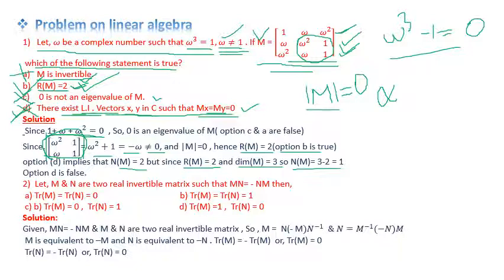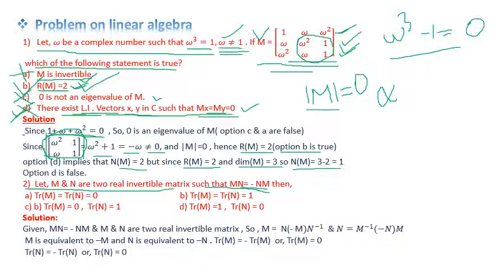So now the next problem is: let M and N be two real invertible matrices such that MN equals minus NM, right? So here M and N are two real invertible matrices, that is, the inverses M inverse and N inverse exist, and MN equals minus NM.